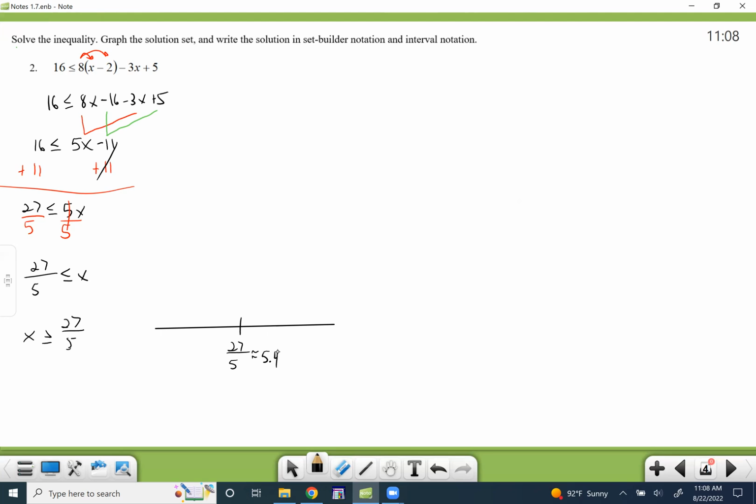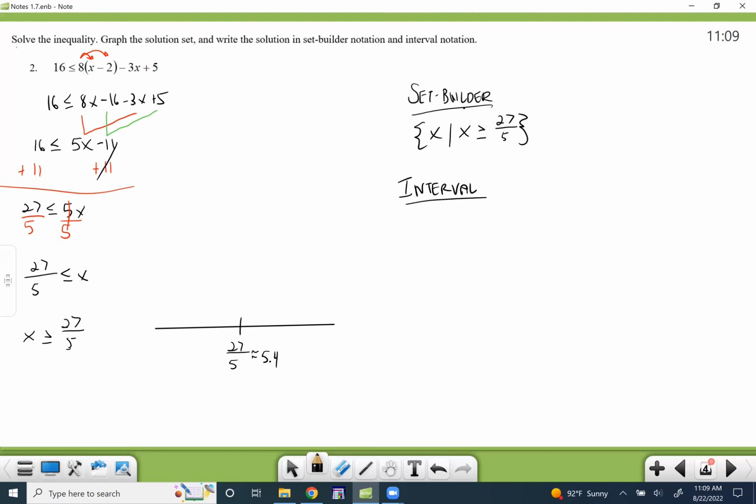Okay. All right, so let's go ahead and do our set builder and our interval notations. So for set builder, we're going to go squiggly bracket, all x such that x is greater than or equal to 27/5. For our interval notation, which by the way, you guys, that's my favorite, and that's probably what I'll have you guys doing on the final at least.